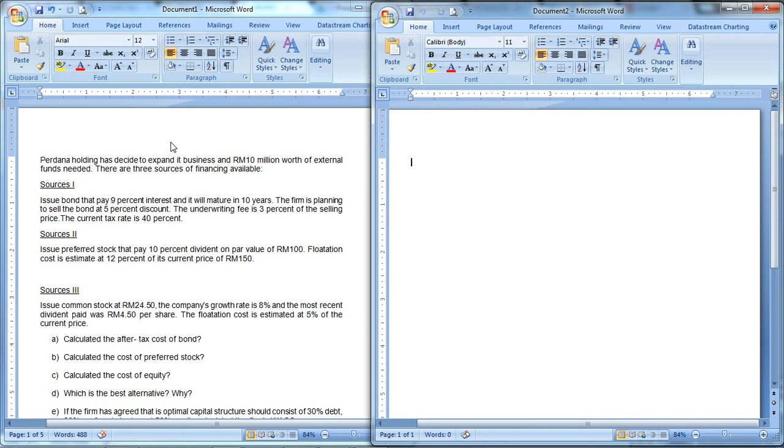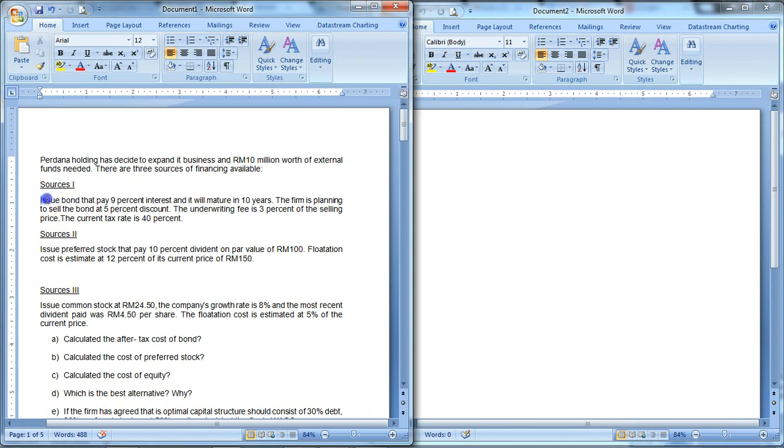So for example, the company has decided to expand its business, and 10 million worth of external funds is needed. So they have three sources of financing for long-term financing: a bond, preferred stock, or you can issue common stock. When you issue a bond, this is the information for bond, this is the information for preferred stock, and this is the information for common stock. How to extract information, class?